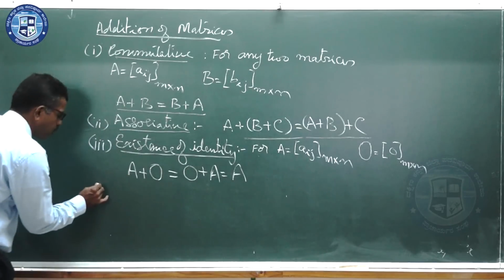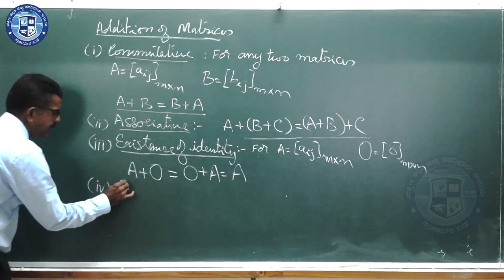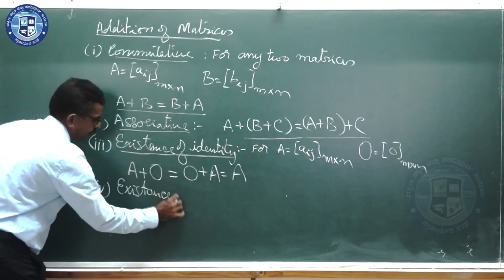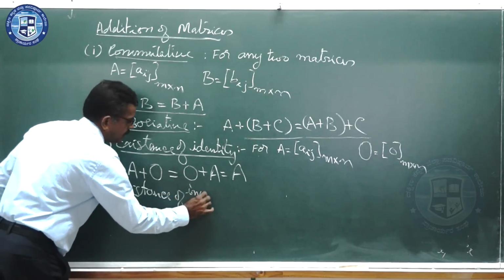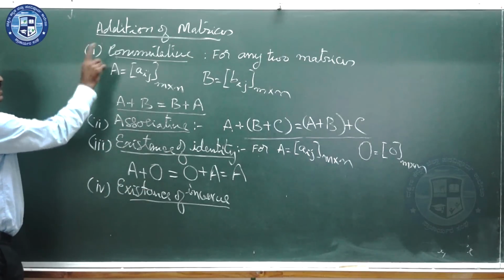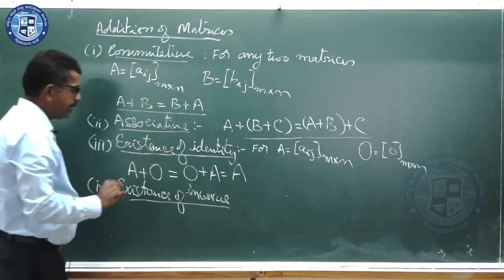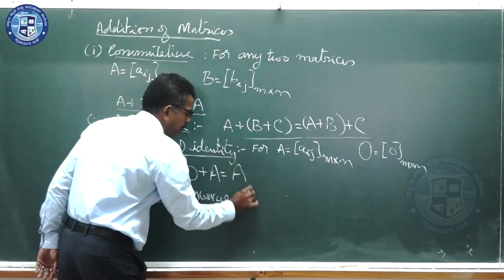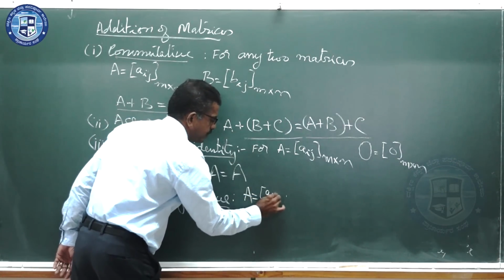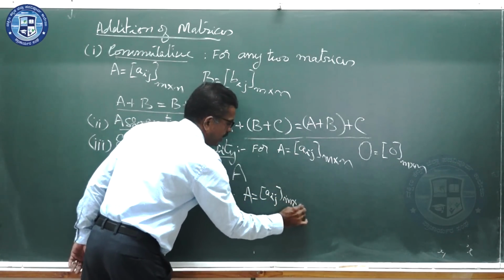Now fourth property, it is existence of inverse. Every property is under addition of matrices. Existence of inverse means, for a matrix A, it is Aij I take of order m cross n.